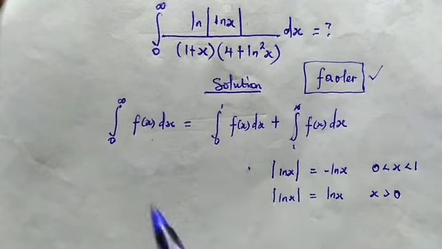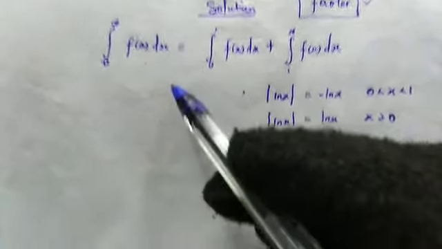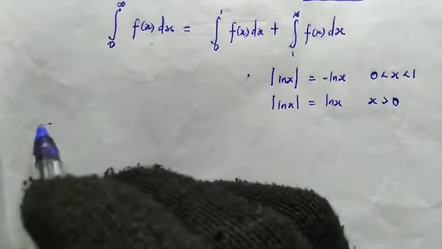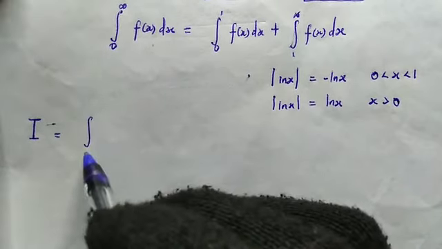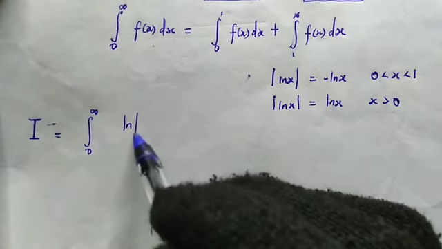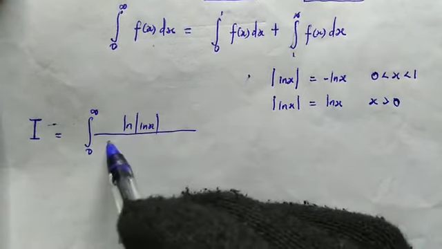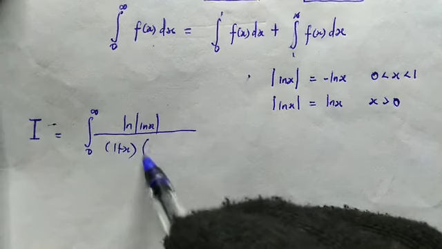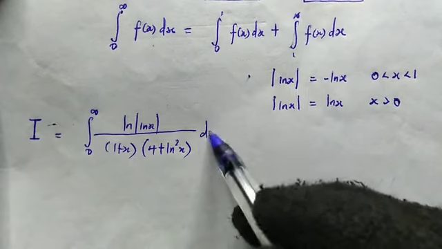Then let's go back to the problem. The integral, let's call it I. So we have here I is equal to the integral from 0 to infinity of the natural log of the absolute value of the natural log of x all over (1 plus x) times (4 plus the natural log of x squared) dx.